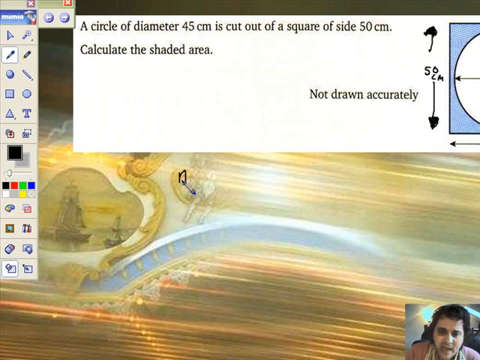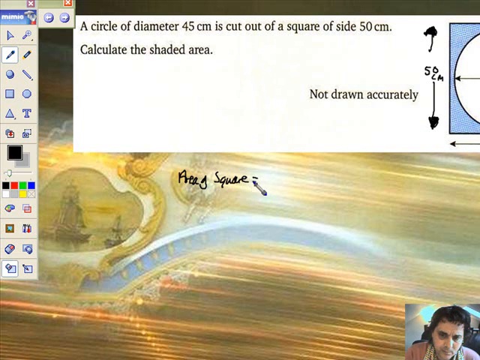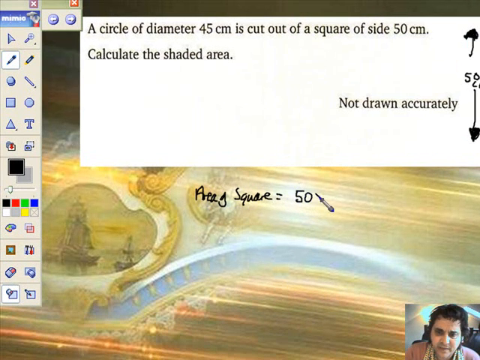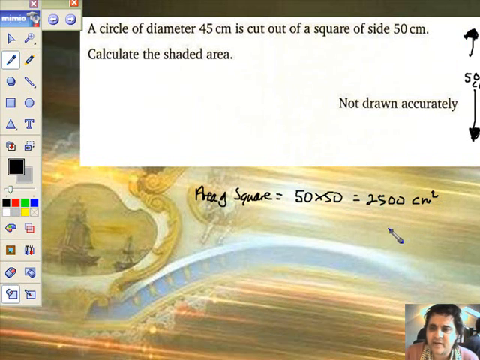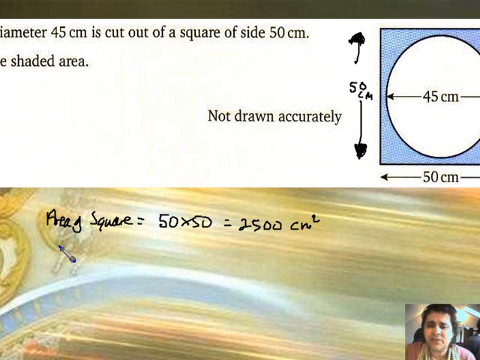So here we go. Area of square. That's going to be 50 by 50. 5 5s are 25. 2,500 centimetres squared of area. So it's quite big, isn't it? Now, area of a circle.